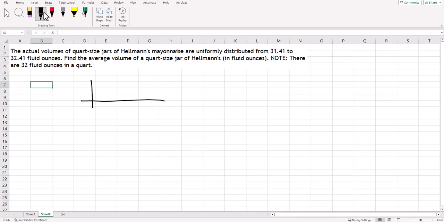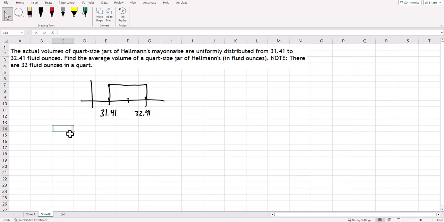So I'm asking you to draw a picture, so I will too. 32.41, and you can see just kind of scribbling on here, not super concerned about the details or the drawing being to scale here. Anyway, but the average is the midpoint. It'll be this guy right here in the middle of our uniform distribution. So it takes a little bit longer here to draw than it does to do the work.